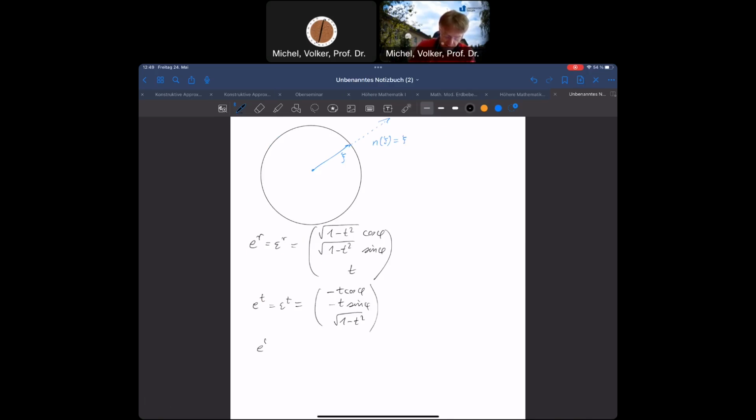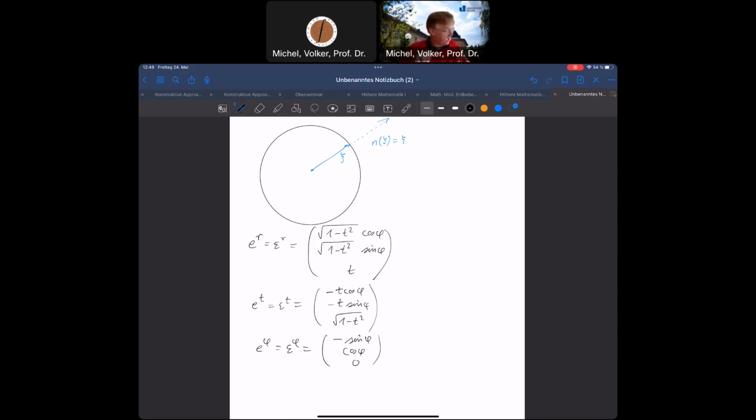And that's called e_phi or epsilon phi, and this is just minus sine phi and cosine phi. So if you prefer the other coordinate systems, you can do that in a similar way. You get similarly vectors, then maybe an e_theta, not an e_t, or epsilon t.